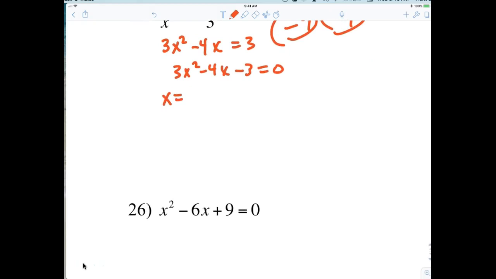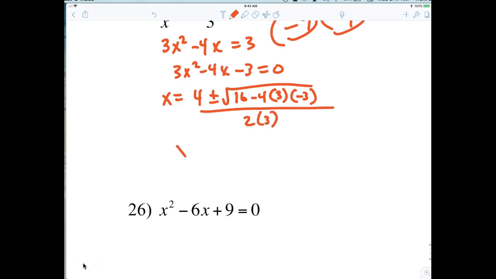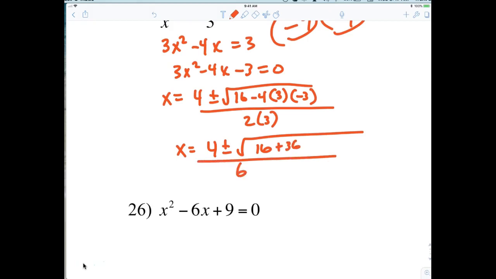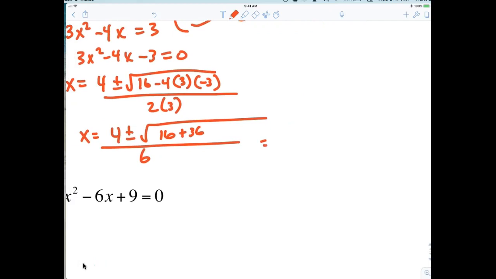So x equals 4 plus or minus the square root of 16 minus 4 times a times c, all over 6. So x equals 4 plus or minus the square root of 16. And that would be plus 36, is that correct? So that equals 4 plus or minus the square root of 52.